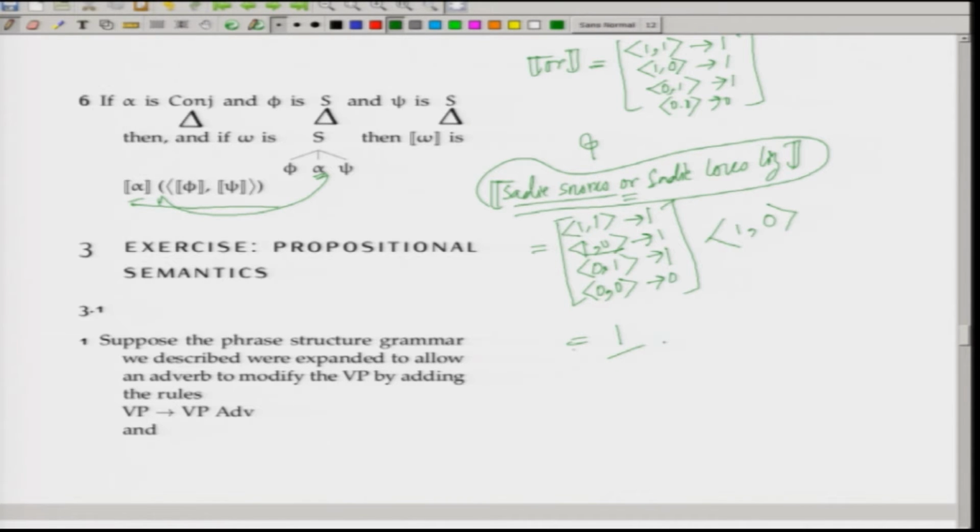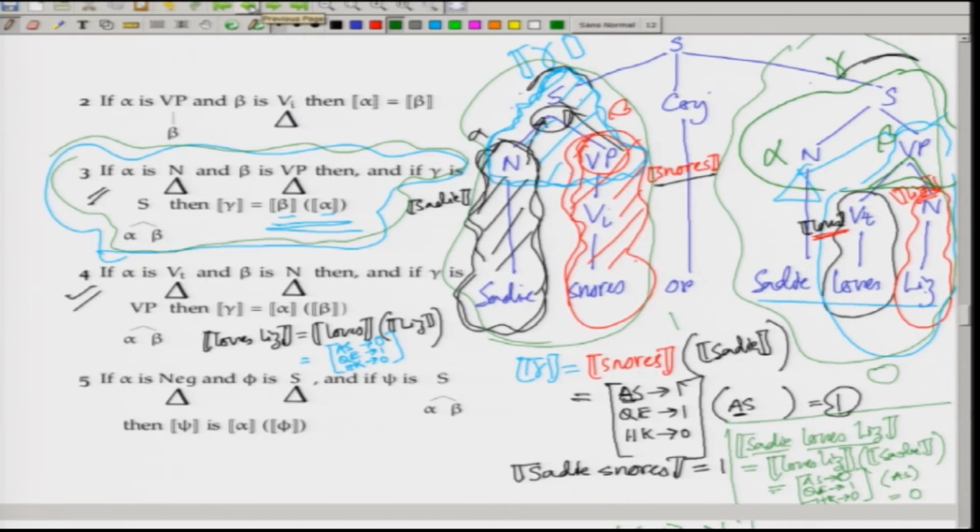So, this is how we can calculate truth values of many sentences we can make, and we can also talk about those. Now, after having done these things, we haven't used one rule, that is 5.